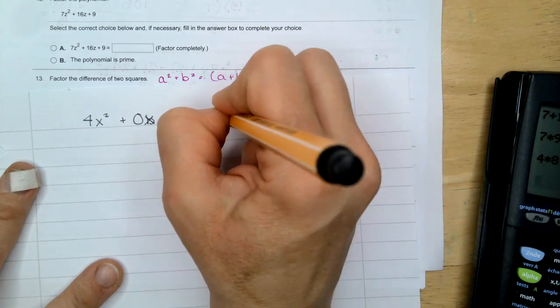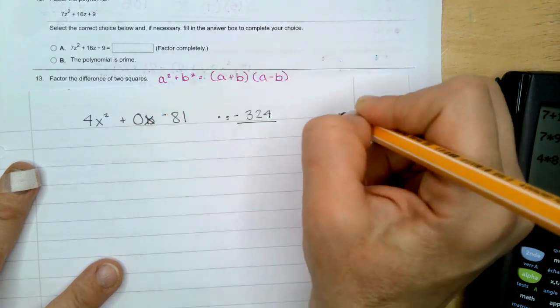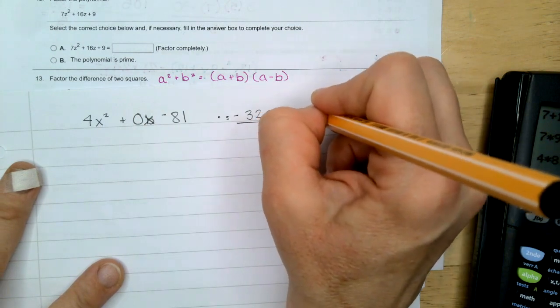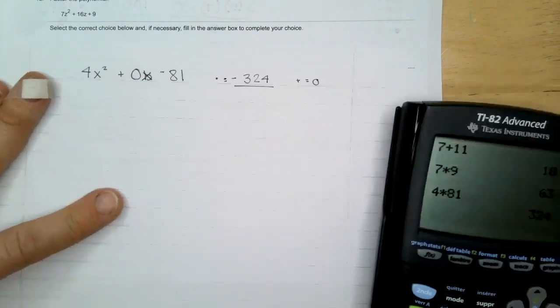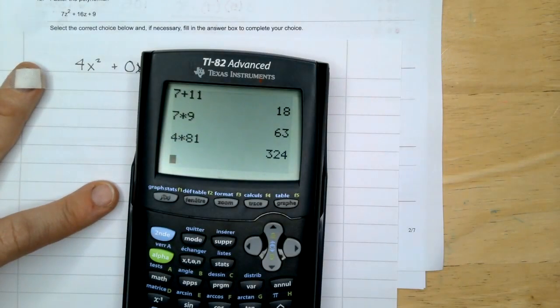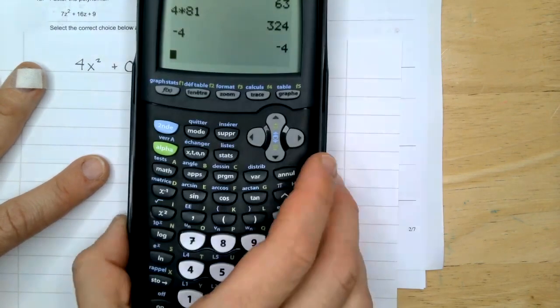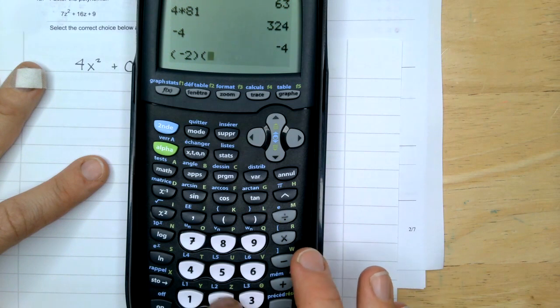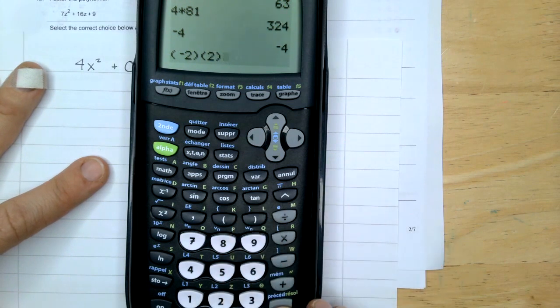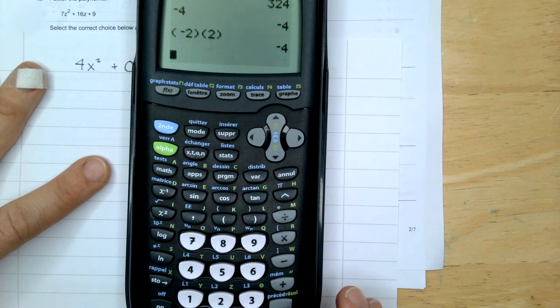So we want it to multiply to equal negative 324, and we want it to add to equal 0. Good? So if you're going to add it to equal 0, think about that. If I take a negative and a positive of the same number, it will multiply to equal the negative, but it will add to equal 0.